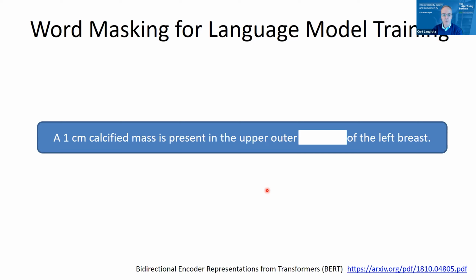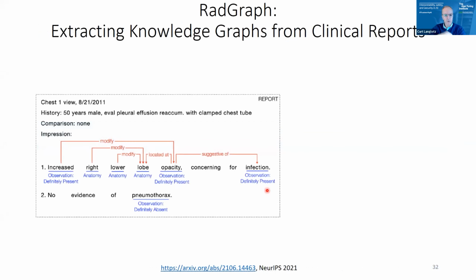So we've done similar kinds of things with very large corpora of radiology reports and pre-trained these kinds of transformer models on this form of clinical text. And this is work actually out of my laboratory, published at NeurIPS this year. We then use these models to extract information, in this case knowledge graphs, from the clinical reports.